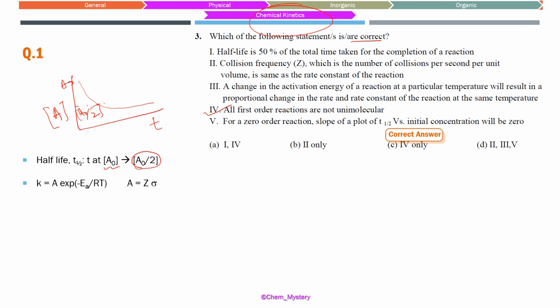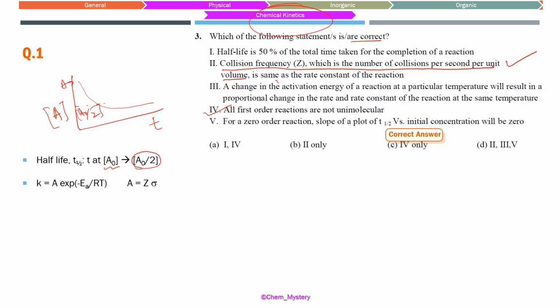The second point: the collision frequency is the number of collisions per second per unit volume, and is the same as the rate constant of the reaction. The first part, that collision frequency is the number of collisions per unit time per unit volume, is true.